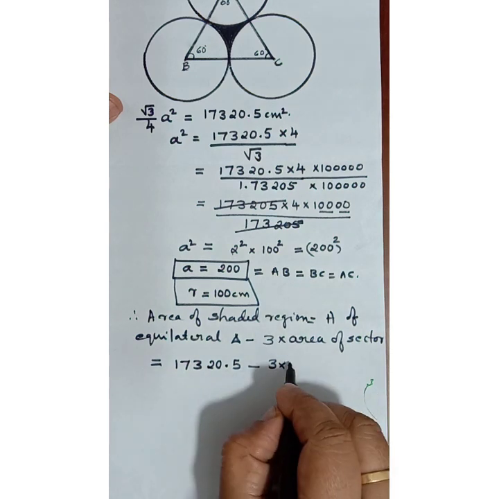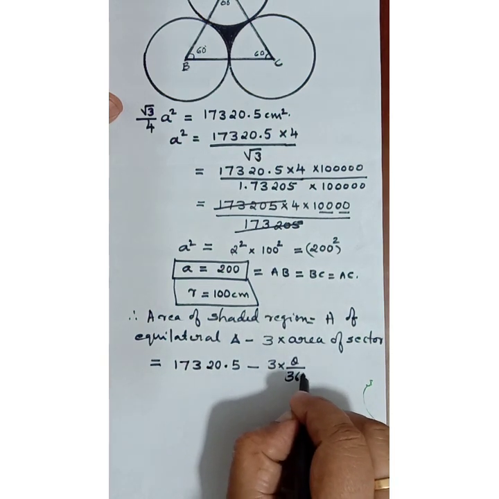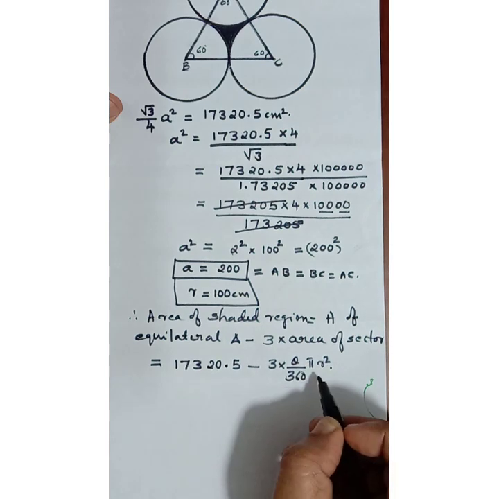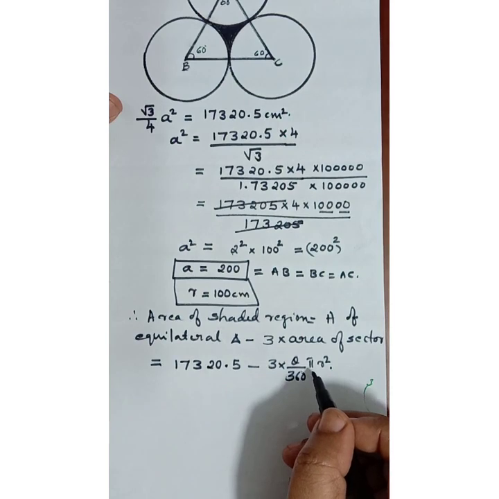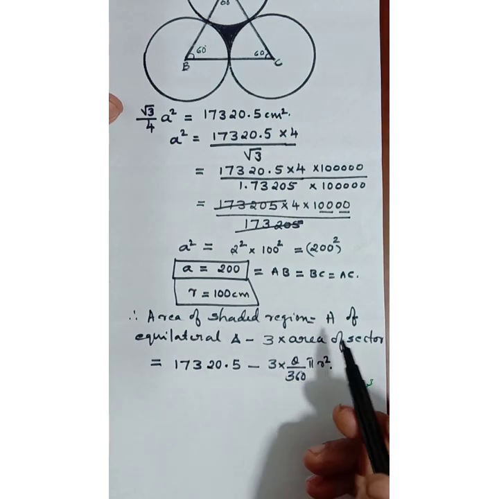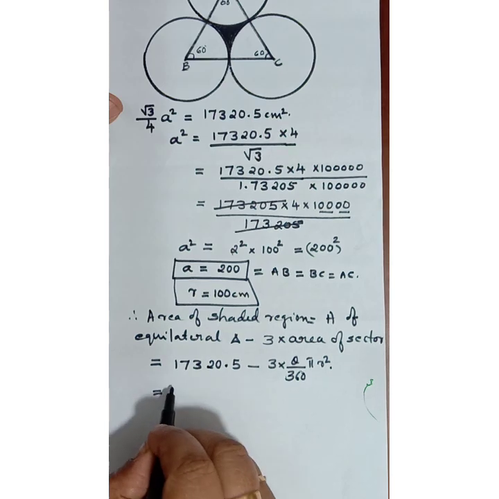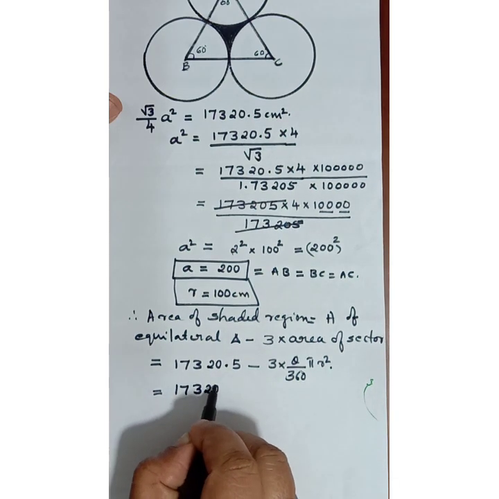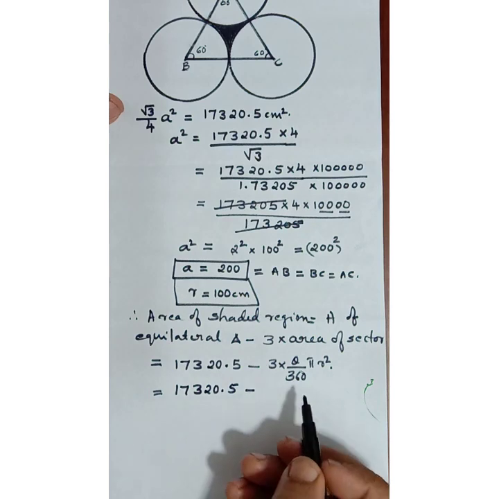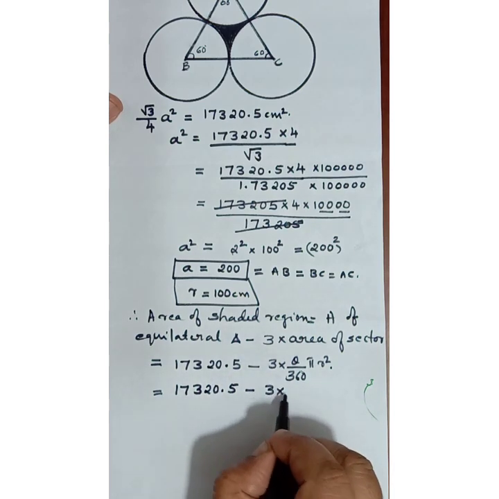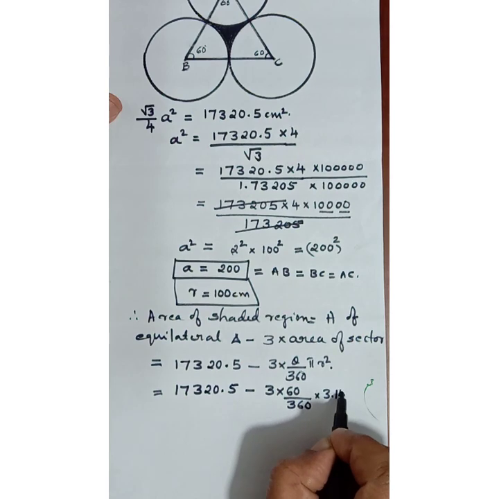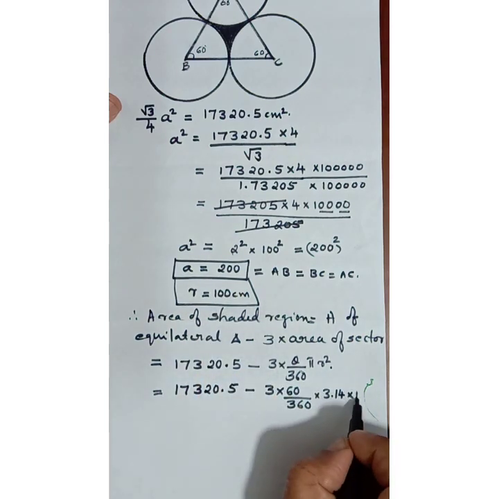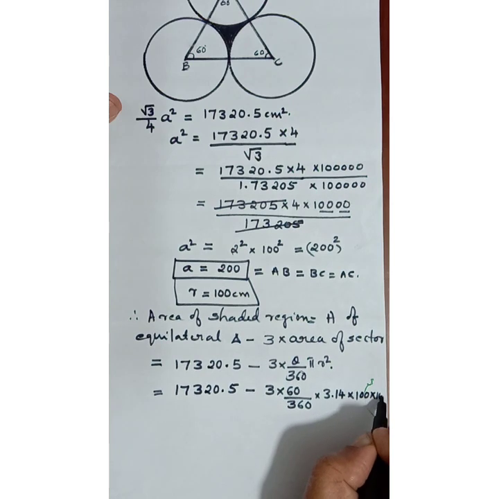Area of sector formula we know, theta by 360 into pi r square. Now substitution for this, what is pi value? 22 by 7. Here already it is mentioned. Okay, pi is 3.14. So we have to substitute 17,320.5 minus 3 into, as I told you, equilateral triangle is having angle 60. 60 by 360 into 3.14 into radius we have found out 100 into 100, pi r square.